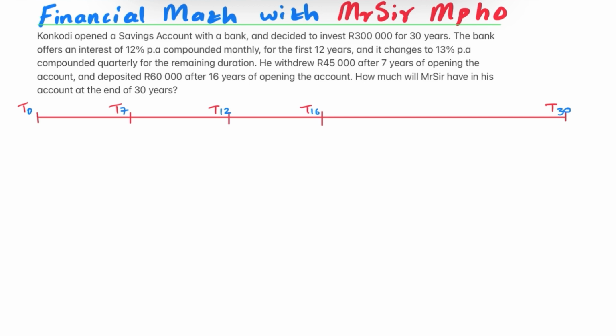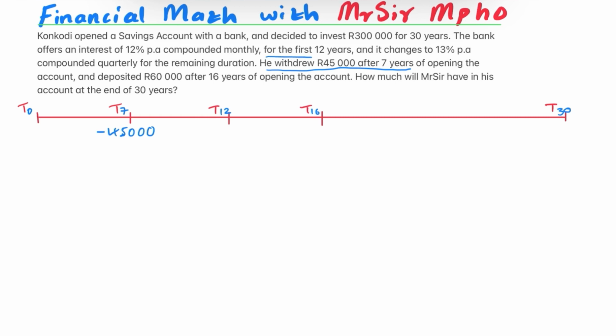What happens at T7? There was a withdrawal. Remember here, there was a withdrawal at T7, subtracting 45,000 Rand, right? And at T12, what happened?